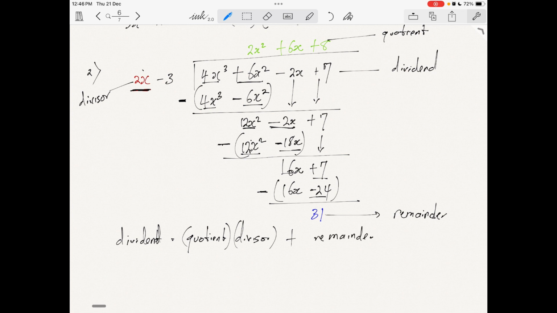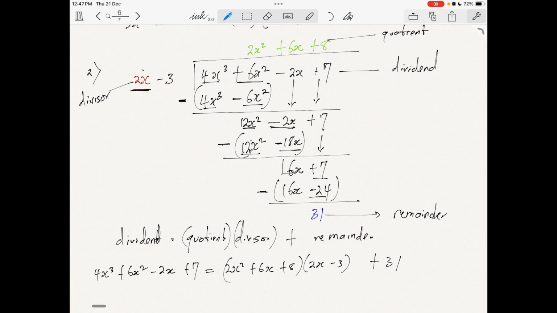So that means our dividend, which is 4x cubed plus 6x squared minus 2x plus 7, is equal to the quotient, which is 2x squared plus 6x plus 8, multiplied by the divisor, that's 2x minus 3, plus the remainder, that's 31.